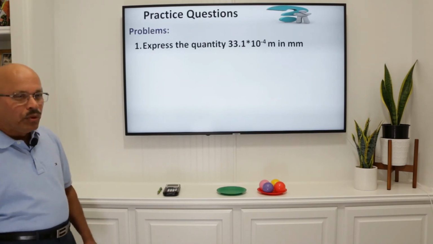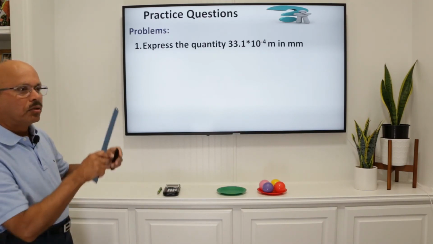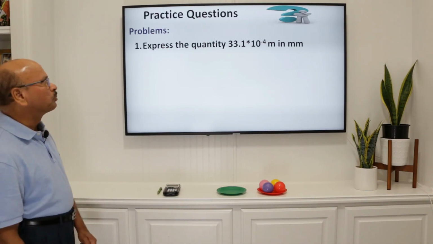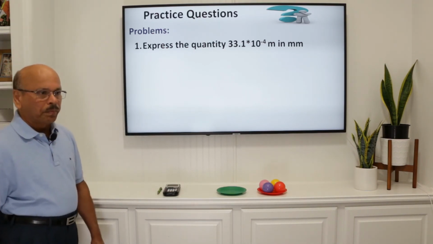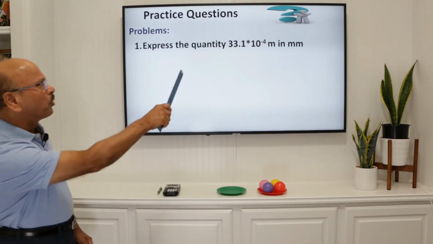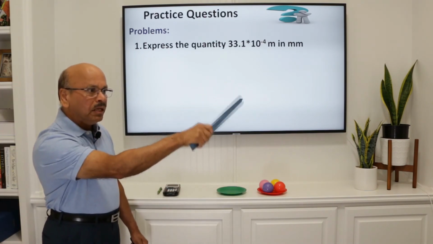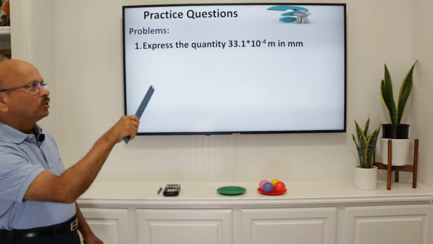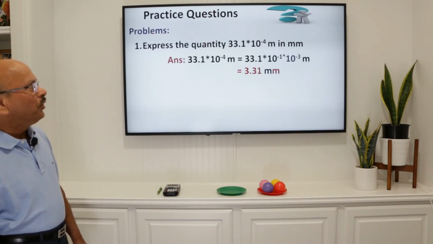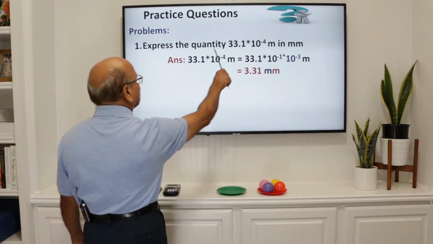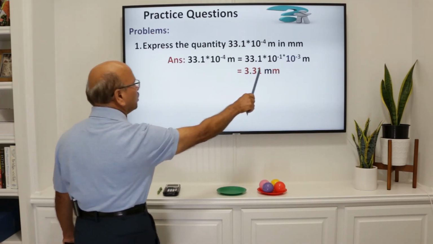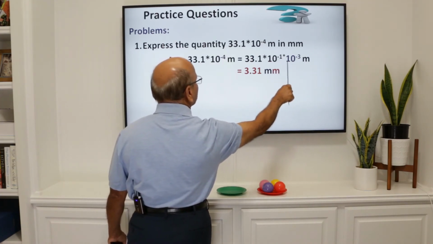Okay, now let's do a few problems where you are just taking all the ideas which you already discussed up to this point. So let's take this problem. Express the quantity 33.1 times 10 to the power negative 4 meter in millimeters. So this is a case of the prefix multiplier thing. What's the idea? I'm going to separate the 10 to the power negative 4 into 10 to the power negative 1 and 10 to the power negative 3.